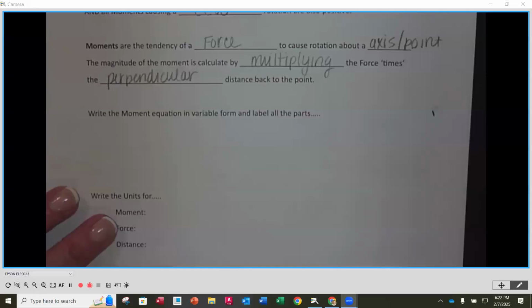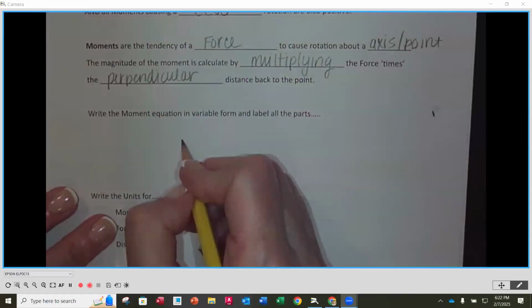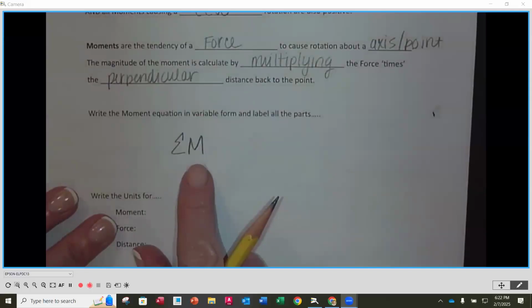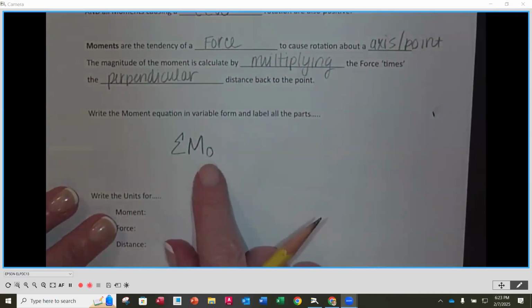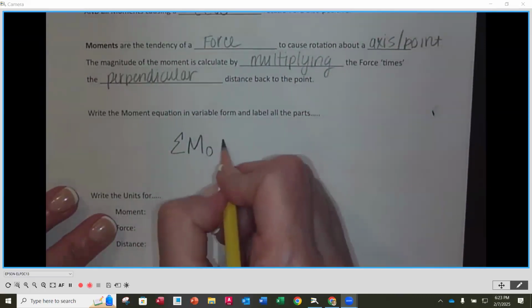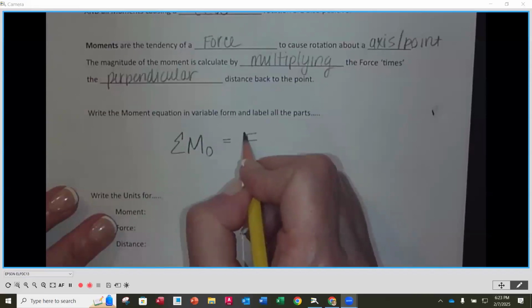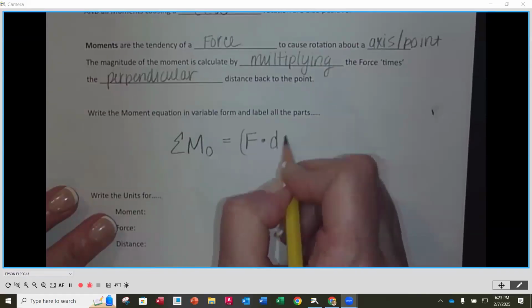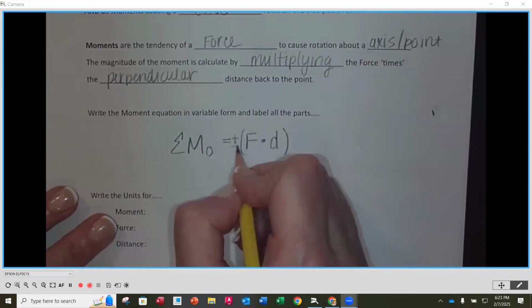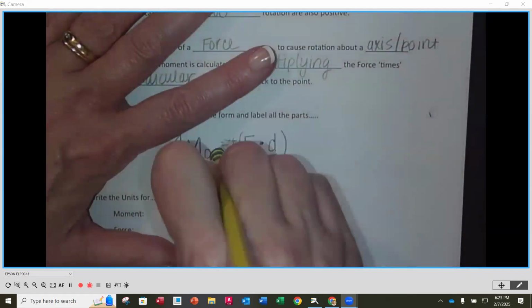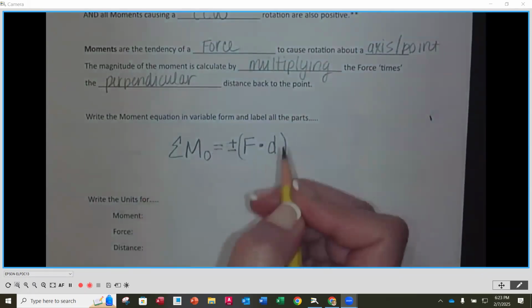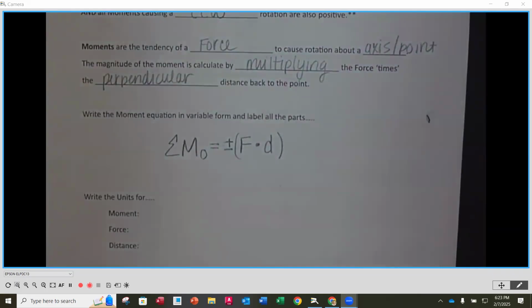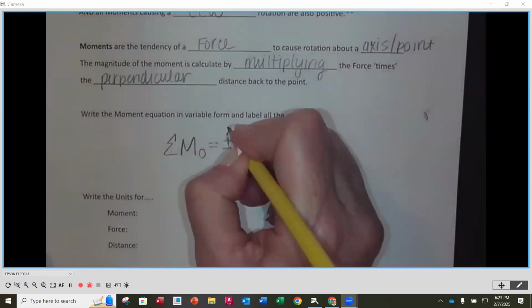Write the moment equation in variable form. So sum, capital M, not small m, capital M. And then I'm going to say sub-zero, kind of like an origin, but this would be the call out of your point, is equal to force times distance. And I'm going to put a positive or negative out front. That positive or negative is going to be based on the convention, right?